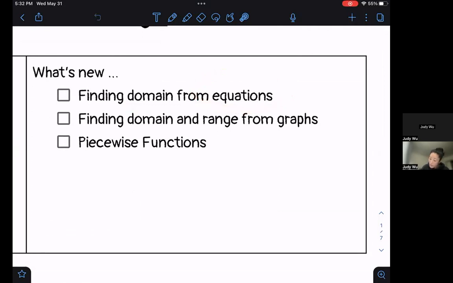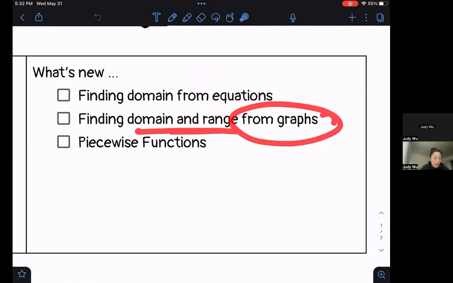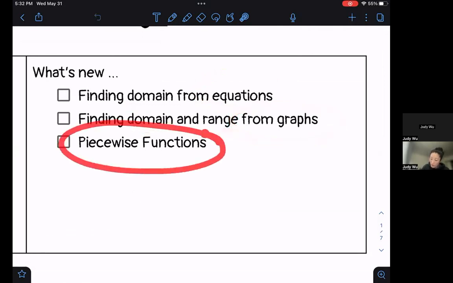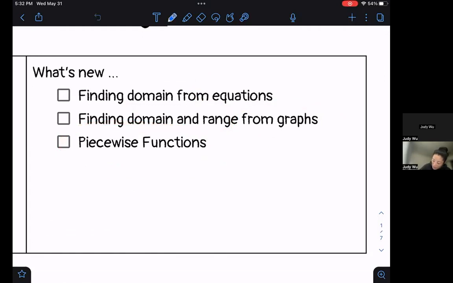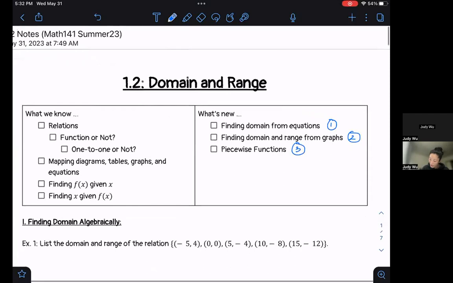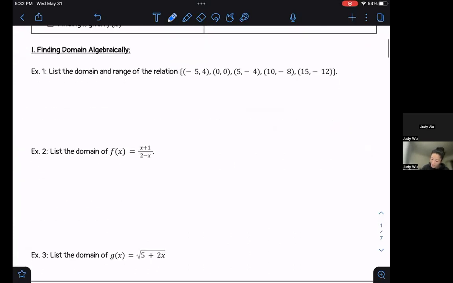We're going to find domain and range from some graphs. And lastly, we're going to study something called piecewise functions. Just so you know, you can find this in the first video, or part 1. This will be the video part 2, and this will be the video part 3. All right, let's get started.